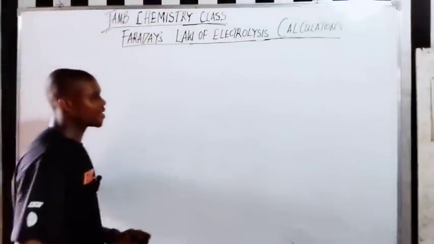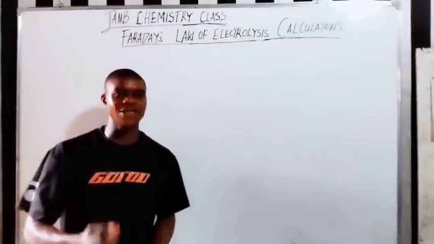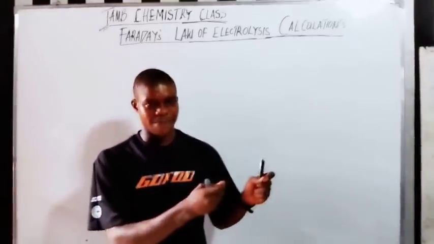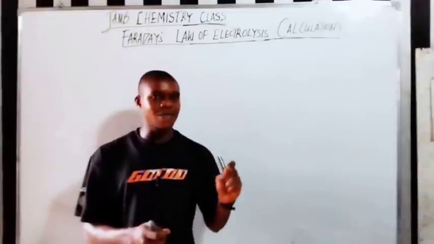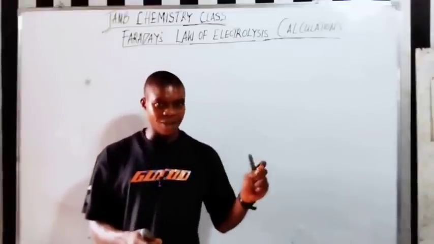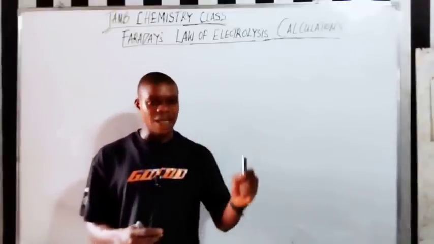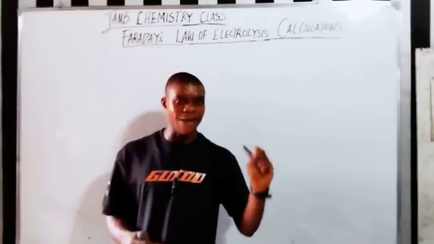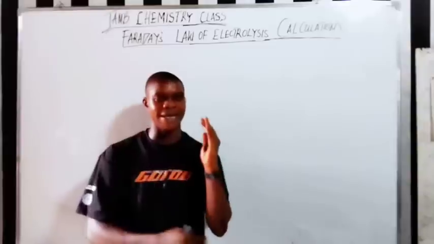Therefore, Faraday's first law of electrolysis. What is Faraday's first law of electrolysis? Faraday's first law of electrolysis states that the mass of a substance deposited during electrolysis is directly proportional to the quantity of electricity that passed through the electrolyte. I'll go back again.